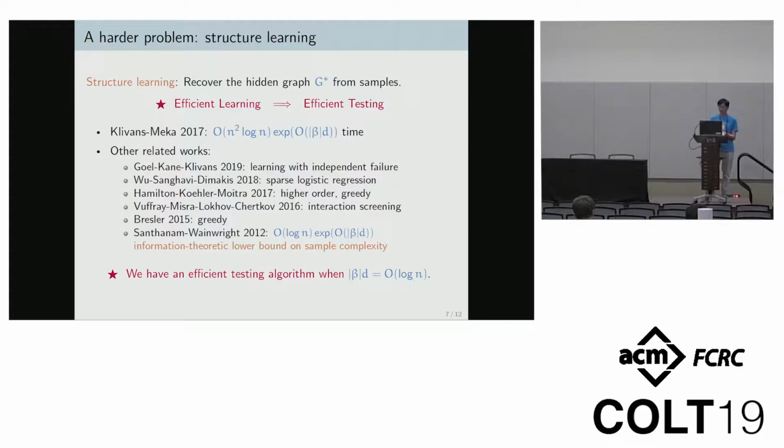I want to remark that there is an information theoretic lower bound, which is also exponential in beta d. This means that when beta d is of order log n, we have a polynomial time learning algorithm, and hence an efficient testing algorithm.